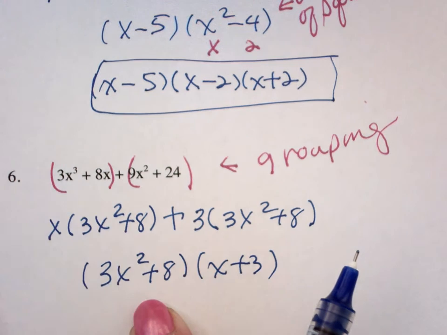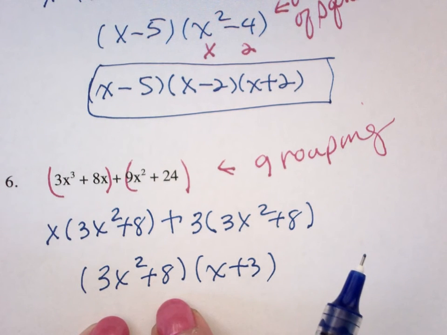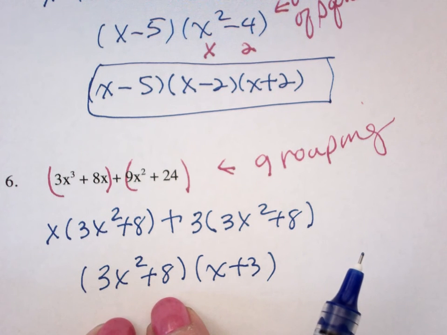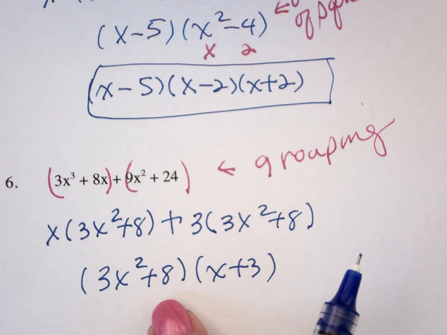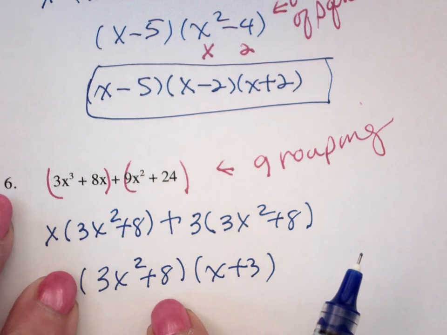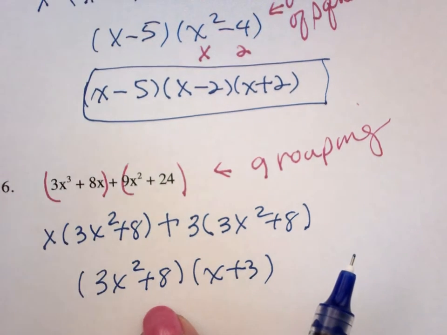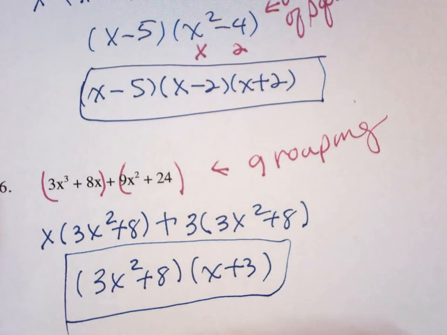No. It's a binomial. It's not the sum of cubes, because although 8 is a cube, 3x squared is not. I can't factor the sum of squares, and it wouldn't matter, because 3 is not a square and 8 is not a square. So it doesn't fit the pattern for either one. So that says it's done, put a fork in it.